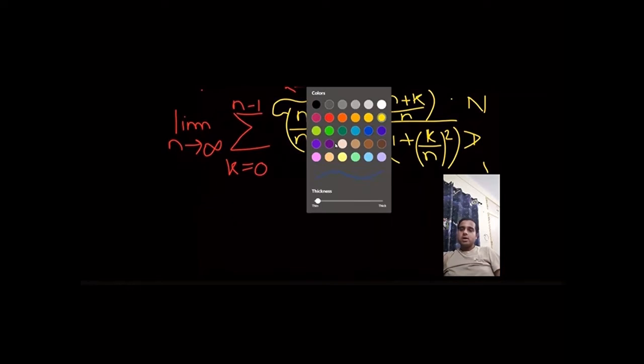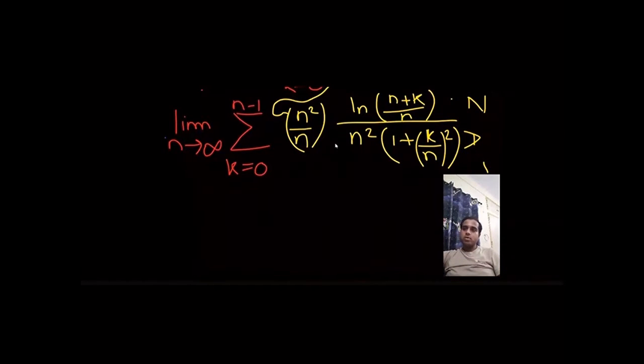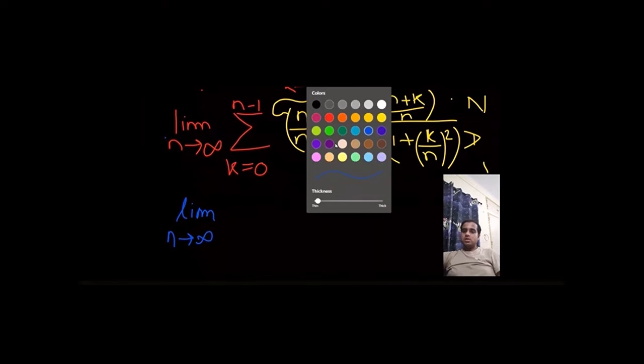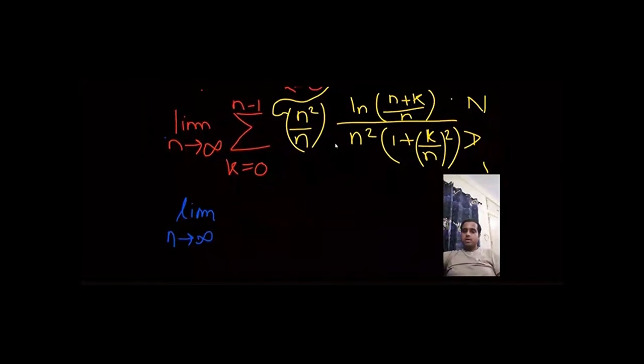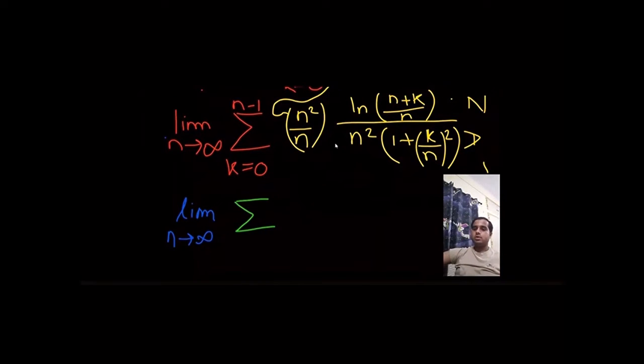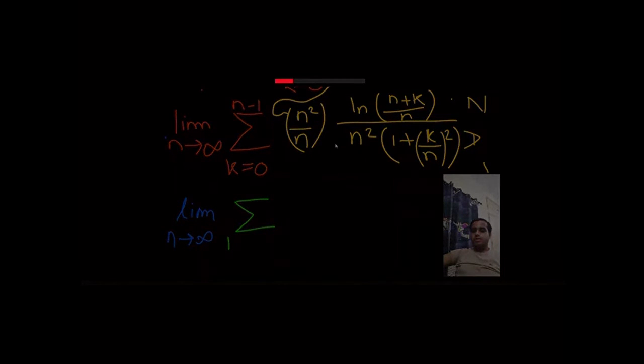Again choosing some colors. I'm choosing different colors in order to make it more concentrative and focused, and also attention seeking. Limit of n approaching infinity of, obviously I'm going to change the color now, summation k equals 0 to n negative 1 of 1 divided by n.